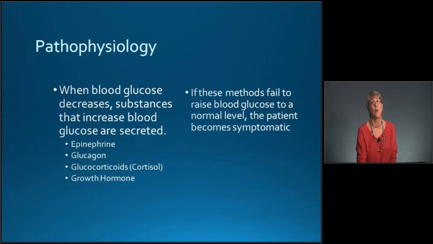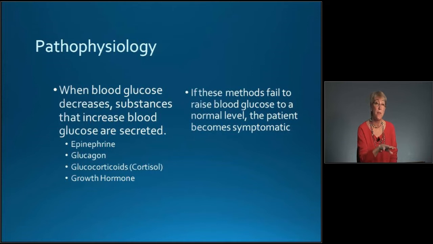So a little pathophysiology. When that blood glucose decreases, substances that increase blood glucose are actually secreted. This is our body's mechanism of taking care of itself once again. It releases epinephrine, glucagon, glucocorticoids or cortisol, and growth hormone. That's what we do on a daily basis in order to maintain a normal hemodynamic state.